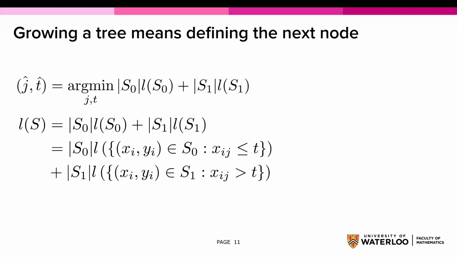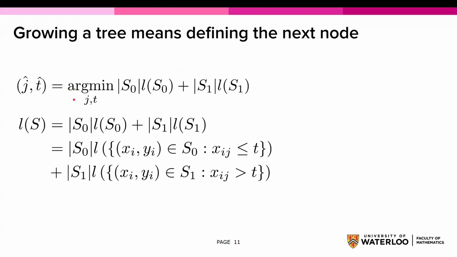This is determined by choosing the feature and a threshold that minimizes a certain loss function, which measures how well the data points are grouped in the resulting regions. Let's imagine we have a training data set, S, with observations and their labels. The aim is to find the feature index, which we'll denote as J hat, and the threshold T hat that produces the best split.